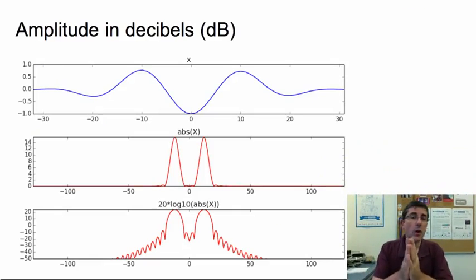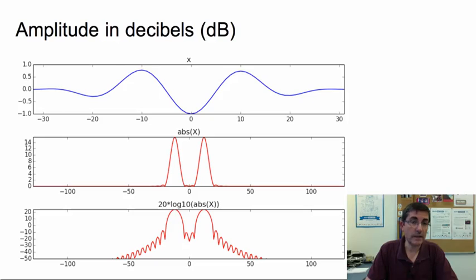Okay, so a concept related to energy is amplitude, which is what we normally use either in the time domain or in the frequency domain. When we obtain the polar representation of the spectrum of the signal, its DFT, the amplitude is obtained by computing the absolute value, which is a linear measure. However, for the case of sounds, a more intuitive representation of the amplitude can be obtained by converting it to decibels, into a log value.